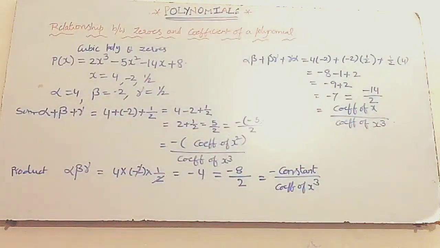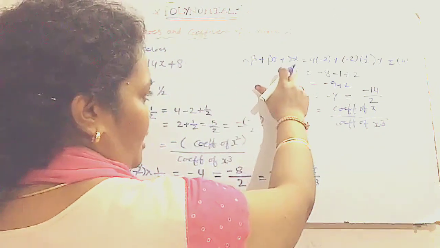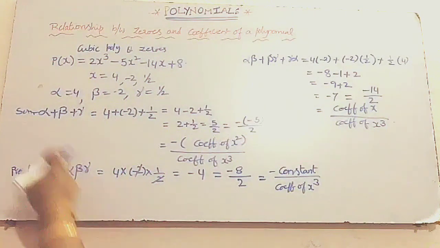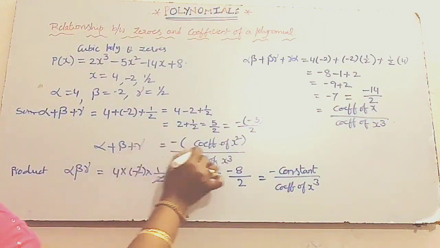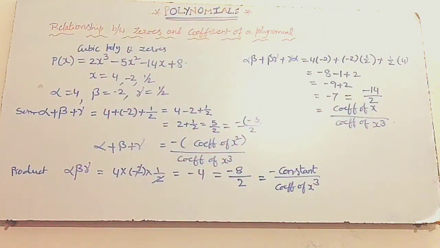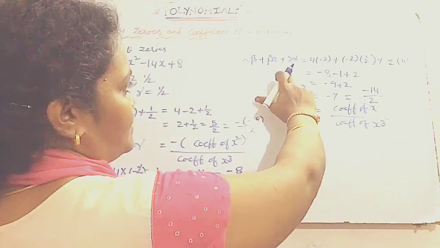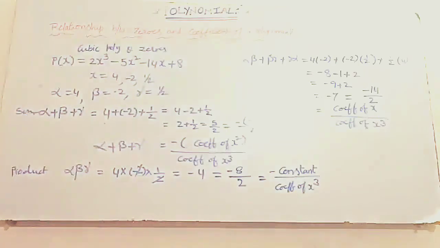So observe one thing, in sum of roots and product of roots we have negative, but alpha beta, beta gamma and alpha gamma we don't have negative values. So sum of roots alpha plus beta plus gamma equal to minus coefficient of x square by coefficient of x cube, and alpha beta gamma product of roots is minus constant by coefficient of x cube, and alpha beta plus beta gamma plus gamma alpha equal to coefficient of x by coefficient of x cube.